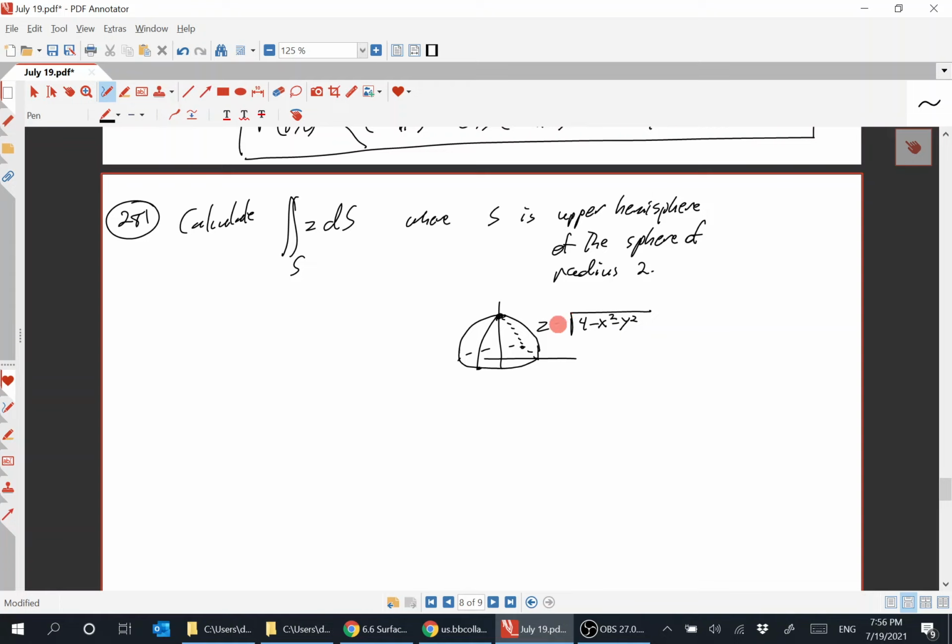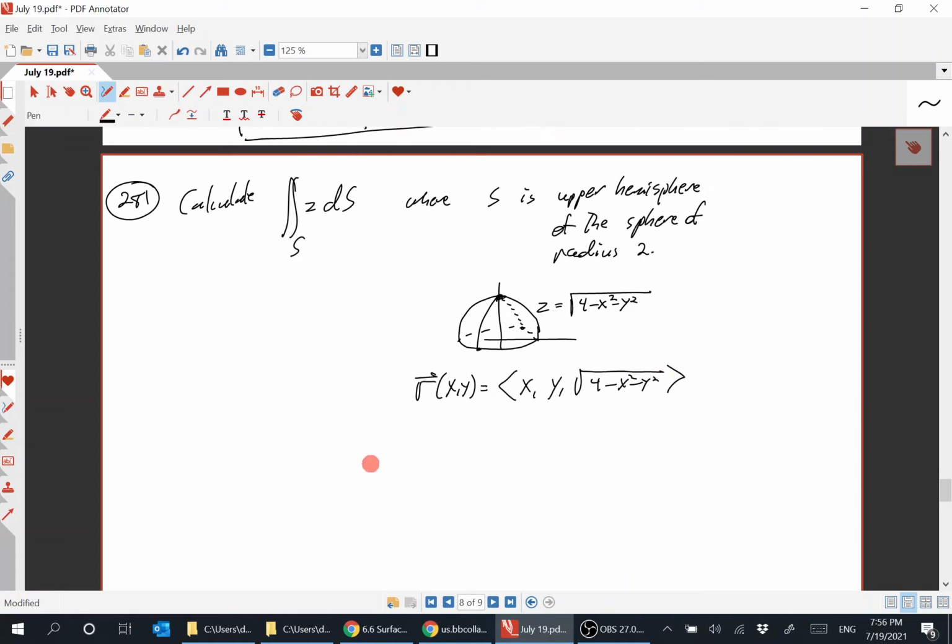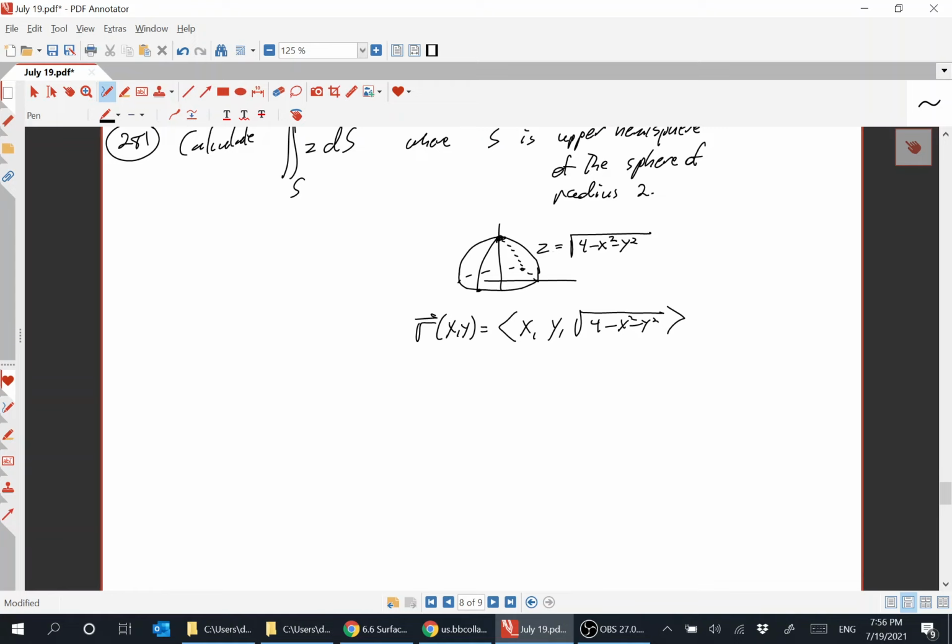So r of x, y is equal to x, y, and z is the square root of 4 minus x squared minus y squared. And the domain for x and y is the shadow this casts in the xy plane, which is the disk of radius 2.